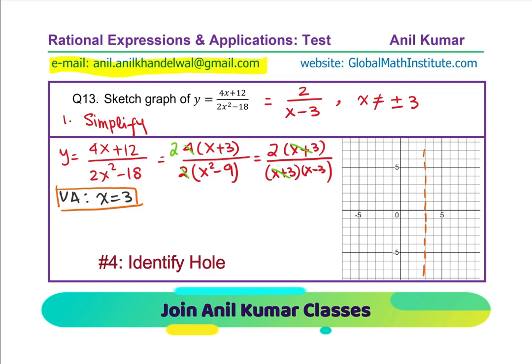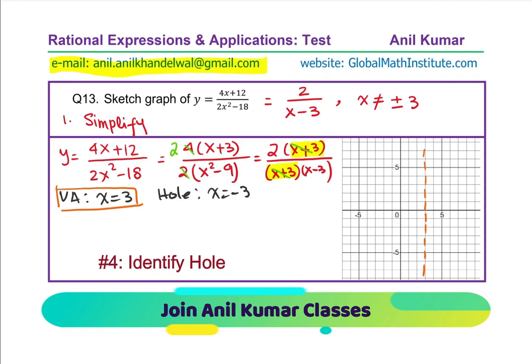Now we have the other restriction that x is not equal to minus 3. Now at minus 3, what do we have? We have a hole at x equals minus 3, because this term cancelled, and this cancellation leads to a hole.